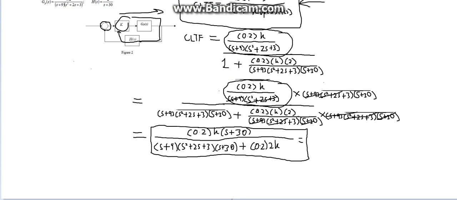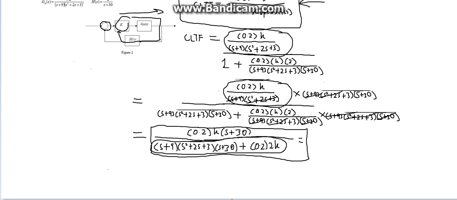The characteristic equation is a form of analyzing the closed loop transfer function by isolating its denominator. Once you get the characteristic equation, you can analyze it via root locus plots. That will be in my future tutorials, where I'll discuss what they are and the purpose of plotting those diagrams.